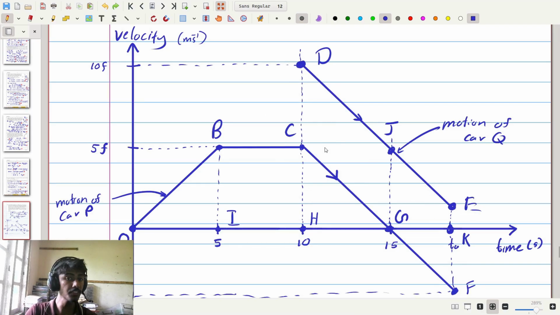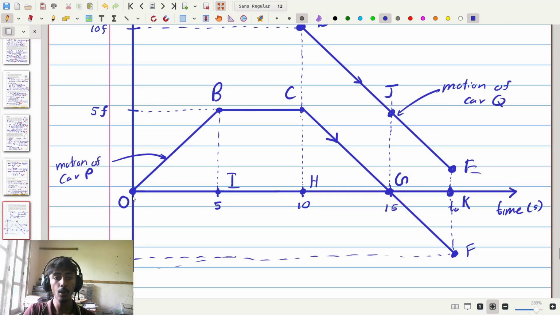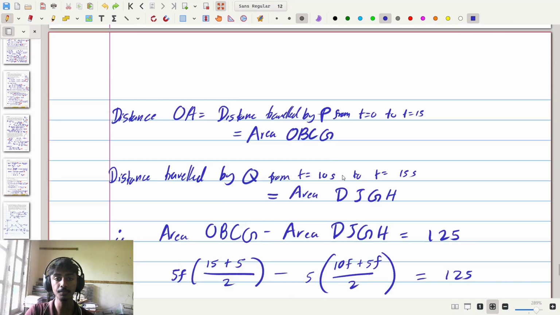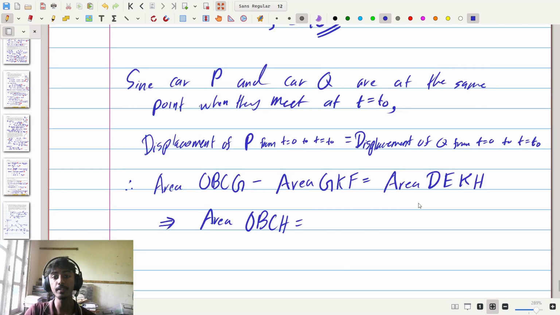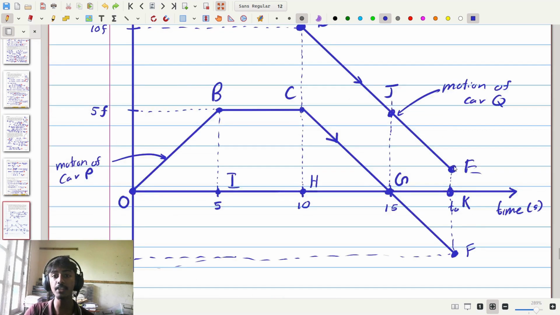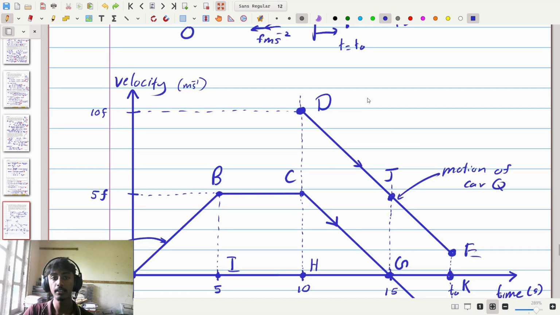So with that simple rearrangement, rearranging these areas, the area left on the left hand side would be area OBCH, which is equal to the other area which we get when we take this bit GKF to the other side and add it to the area DEKH, in which case the total area we get is this area plus this area, which is the area DEFC.